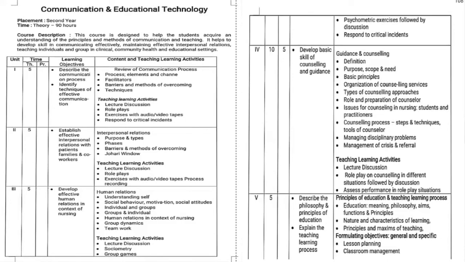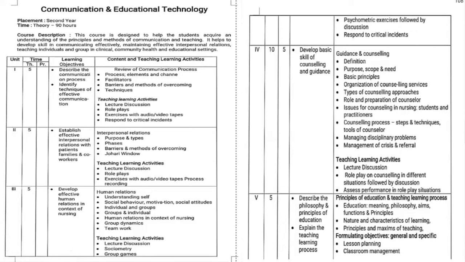In first year you finished this, you just know the meaning, just clarify the doubts. And barriers and methods of overcoming the barriers, and Johari window. This is very important, 5 marks question, Johari window.